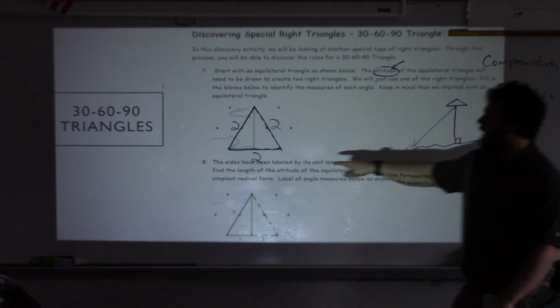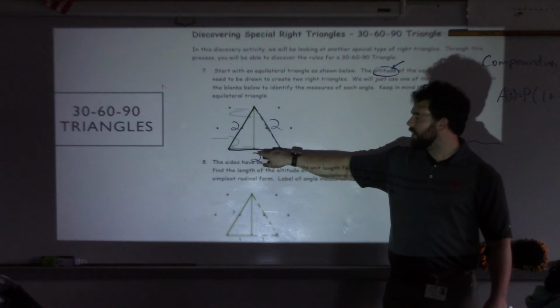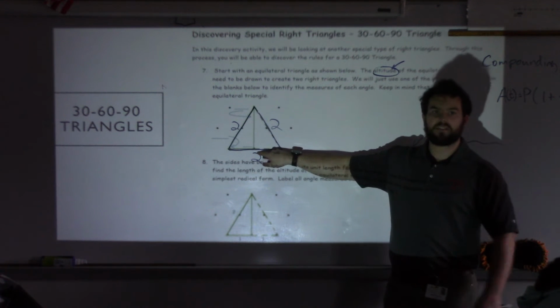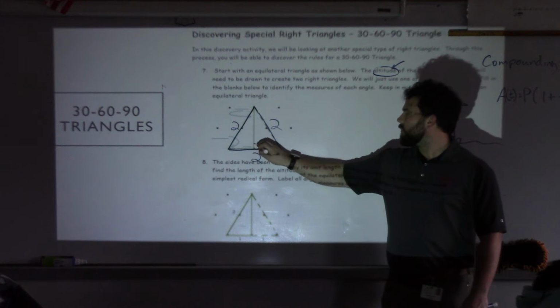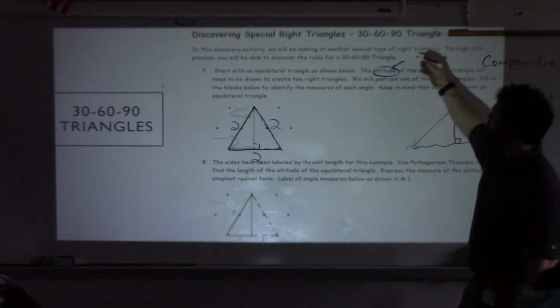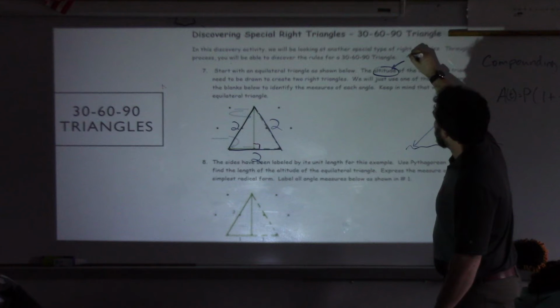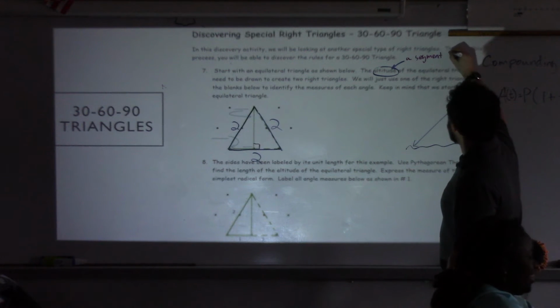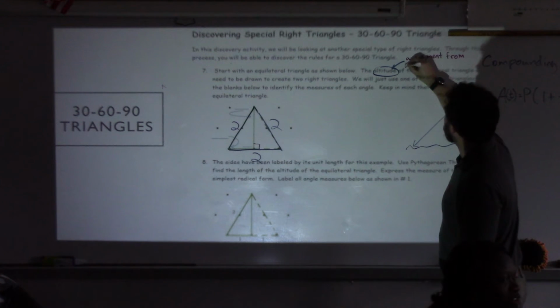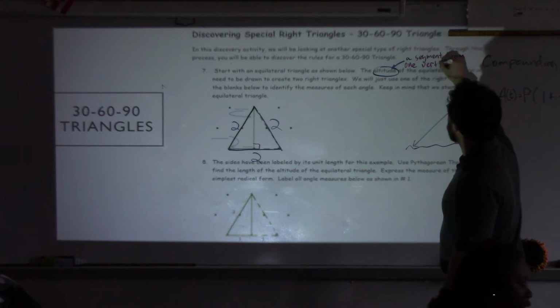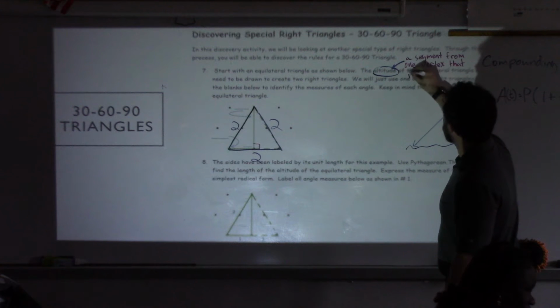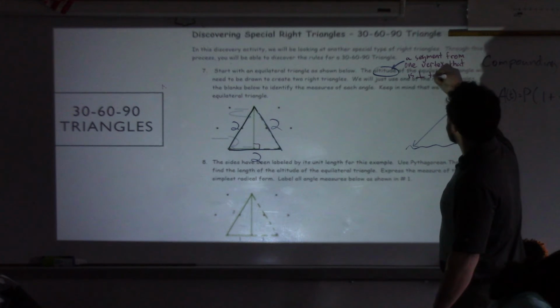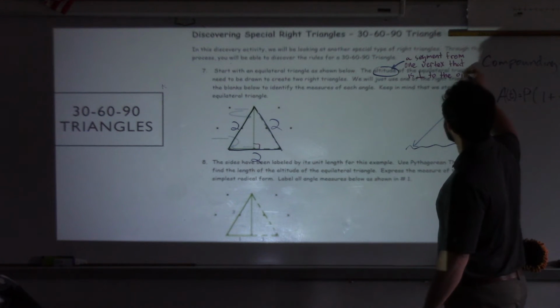Well, guess what? This altitude has to be perpendicular to the base, is what we would call it, right? So, when we talk about altitude, what we're talking about is a segment from one vertex that is perpendicular to the opposite side.